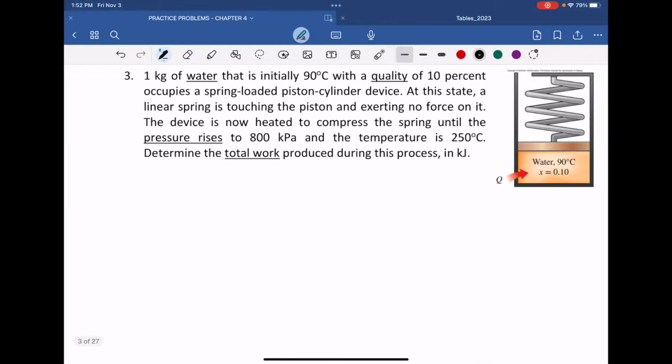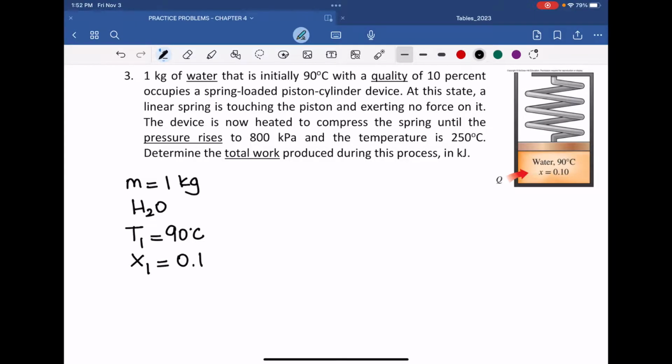So here mass is 1 kilogram. We are dealing with water. And what they are giving to us is initially temperature is 90 degrees Celsius, and they're also giving us the quality at the first state.